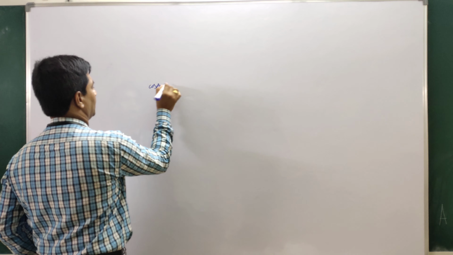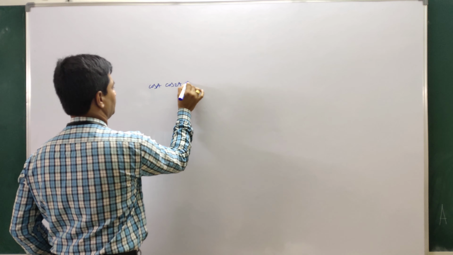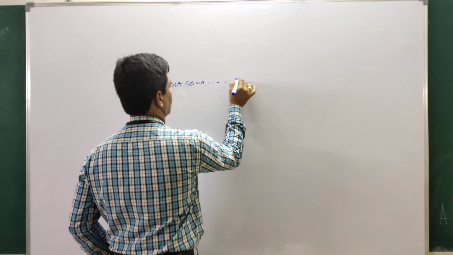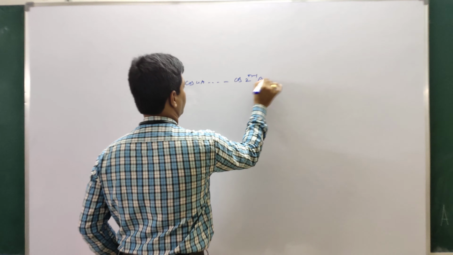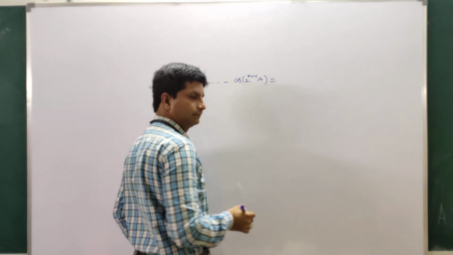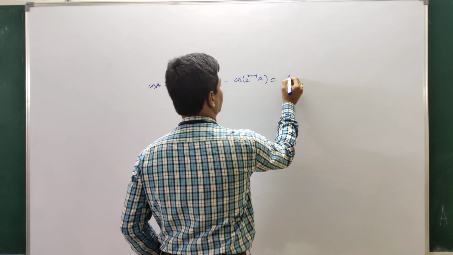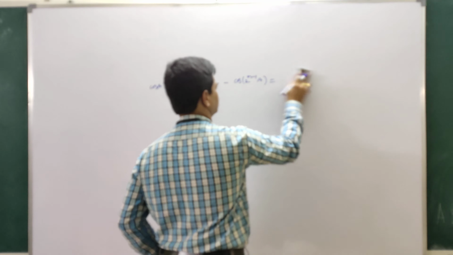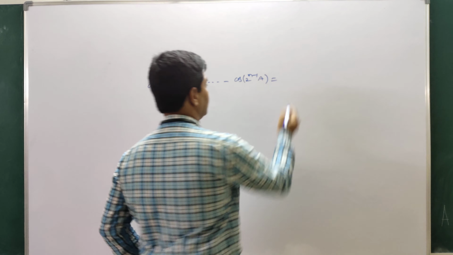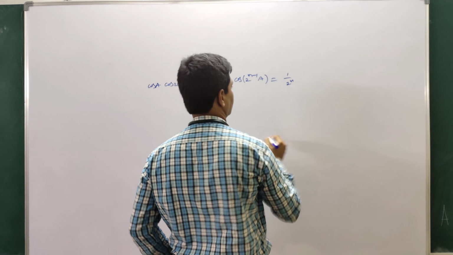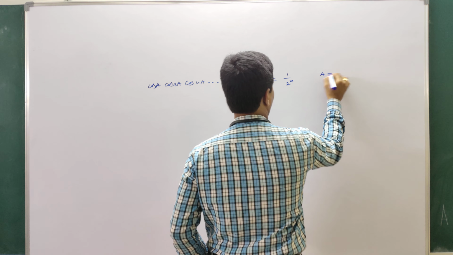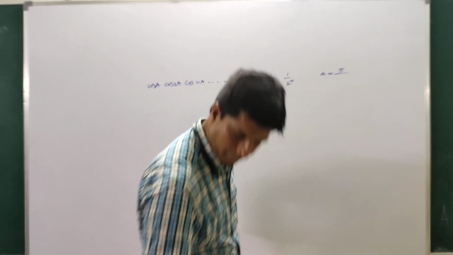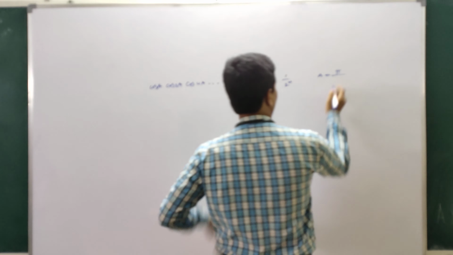See here, this is cos A into cos 2A into cos 4A and so on up to cos of 2 power n minus 1 into A is equal to 1 by 2 power n, wherever capital A can be written as pi by 2 power n plus 1.